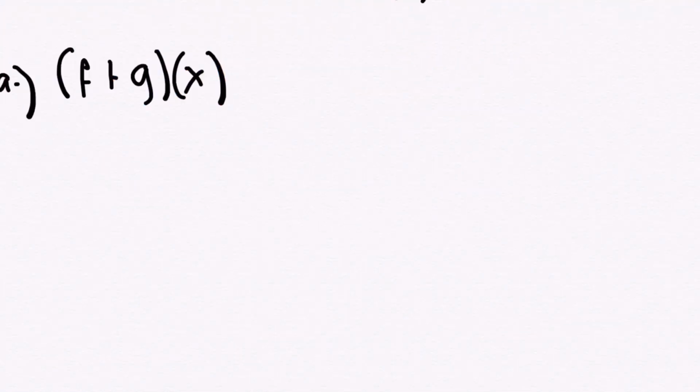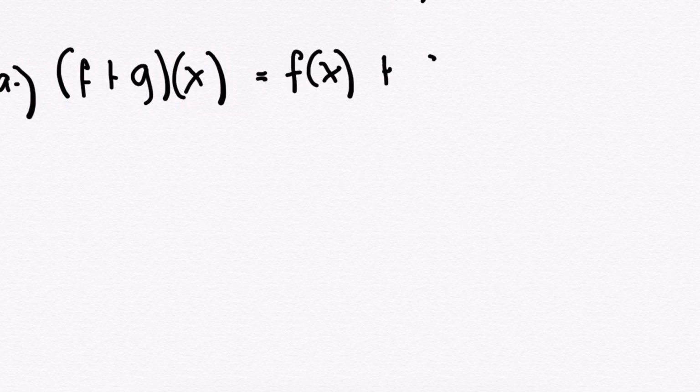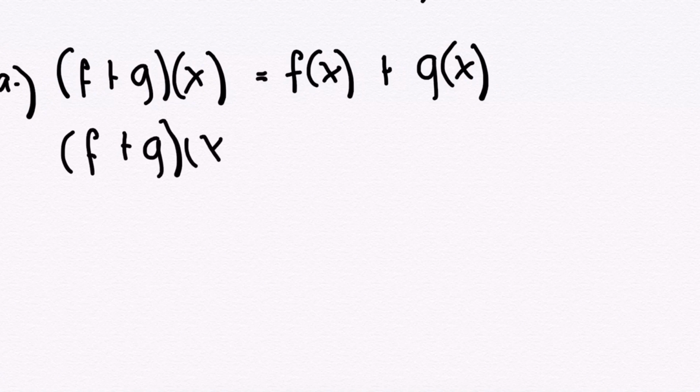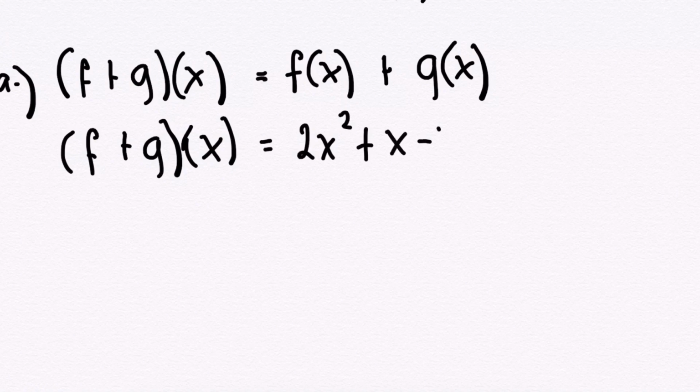Let's have f plus g of x. F plus g of x is equal to f of x plus g of x. Same process, replace each function with the given value. So f plus g of x is equal to the value of f of x, which is 2x squared plus x minus 3, plus g of x, x minus 1.